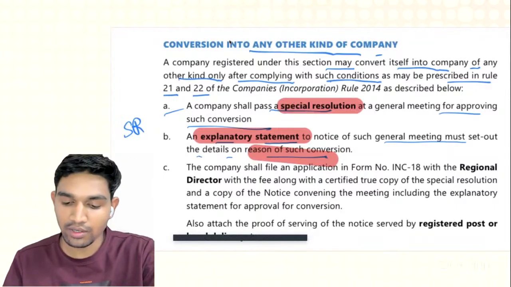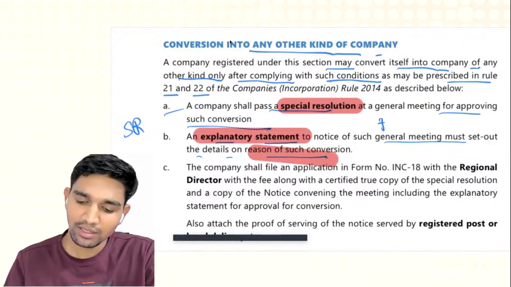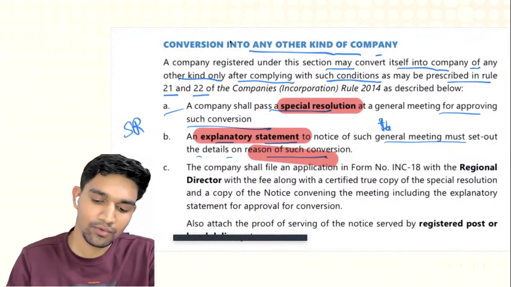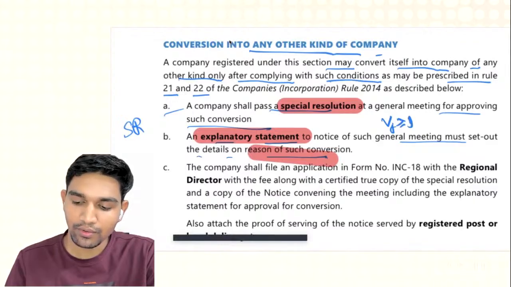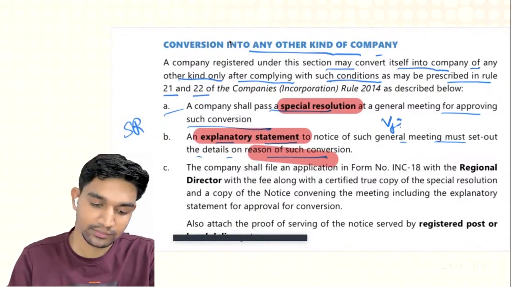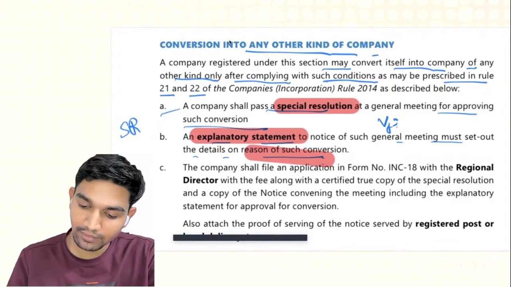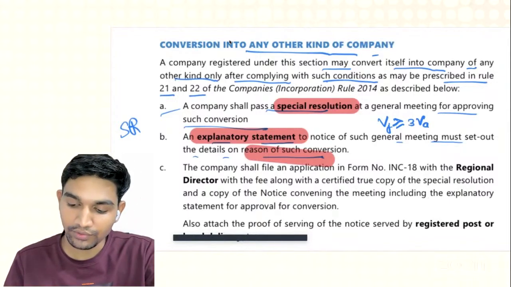For now, you will just understand that you have to pass a special resolution where the votes in favor should be greater than or equal to three times the votes against the resolution.